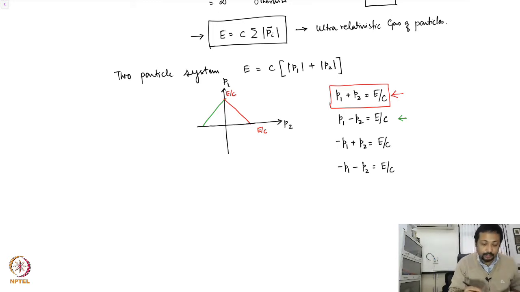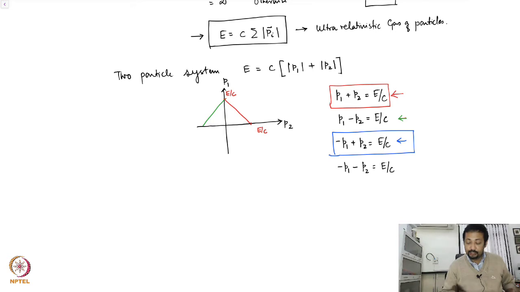E over c. Then again, the third equation: when p2 is equal to 0, p1 is minus E over c, and when p1 is equal to 0, p2 is E over c. So that I have this.